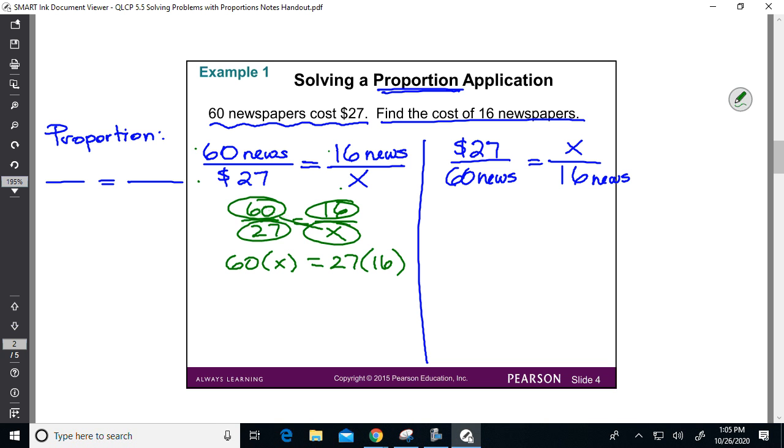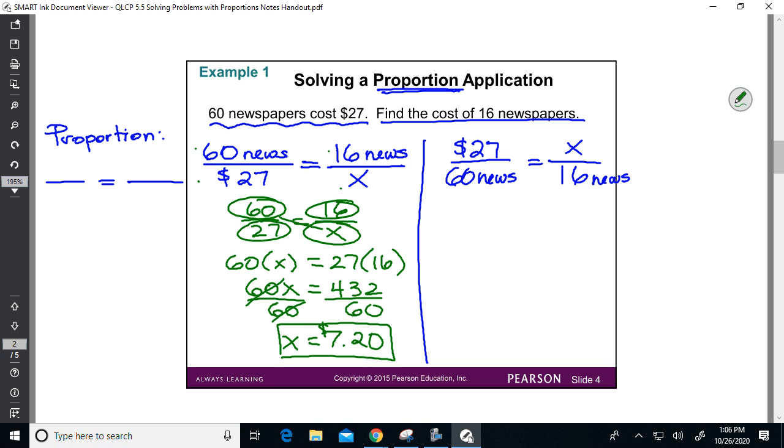Now we'll let the calculator do its work. 60x equals 27 times 16 is 432. And you divide by 60. So you get 7.2. Remember, money always has to have two numbers behind a decimal. You put the 0 behind it. So it's going to cost you $7.20.